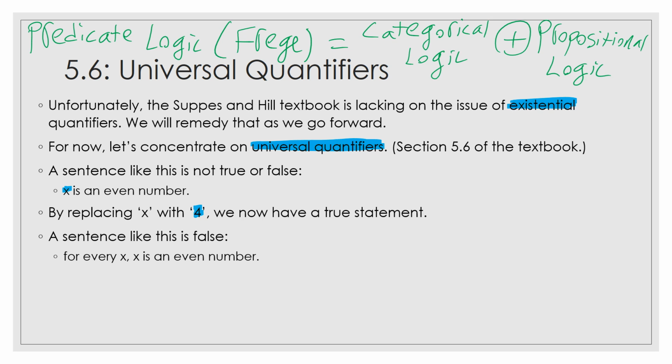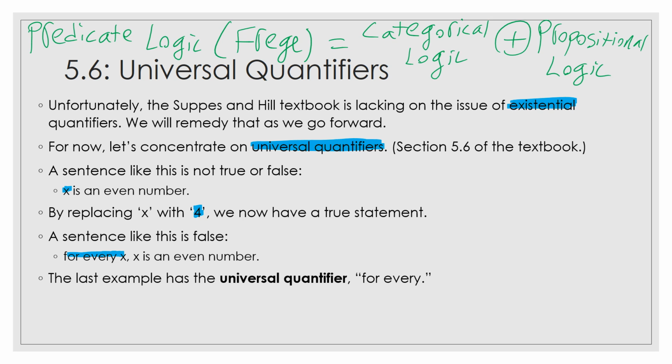Consider this. Here we have, for every x, x is an even number. Well, if we're going to say that the domain is every x imaginable, that's definitely false, because there are numbers that are odd, okay, like number 3.